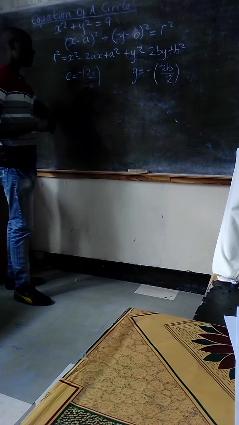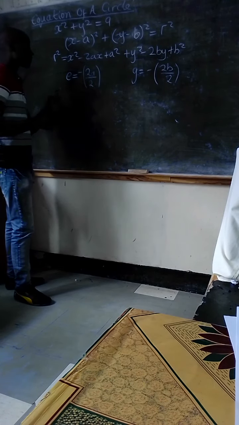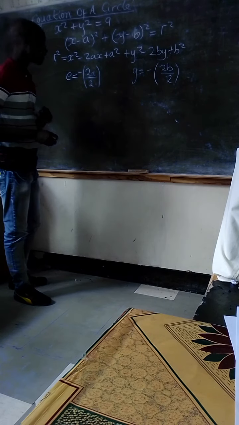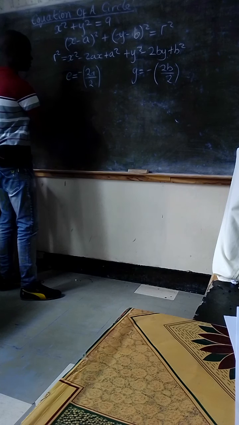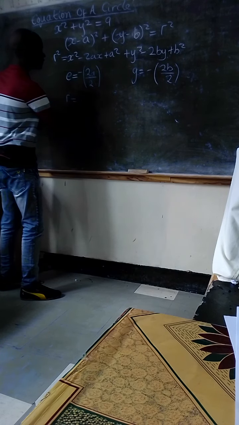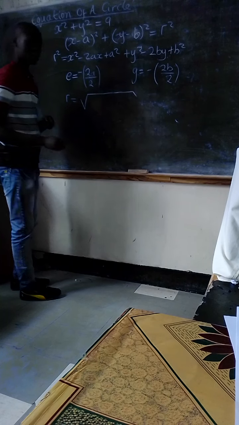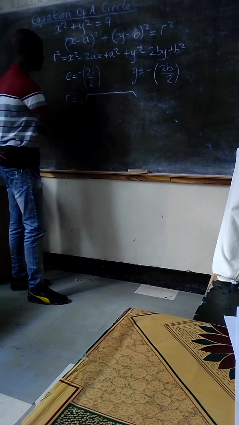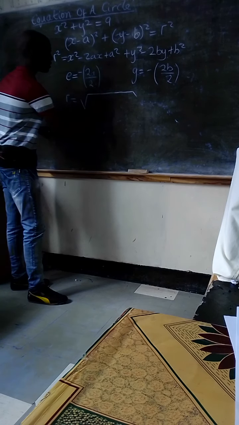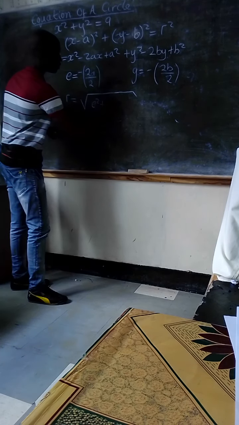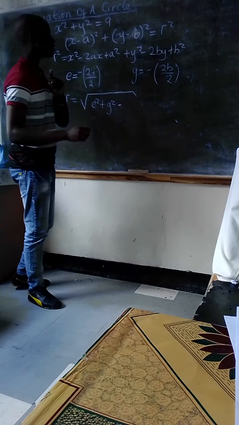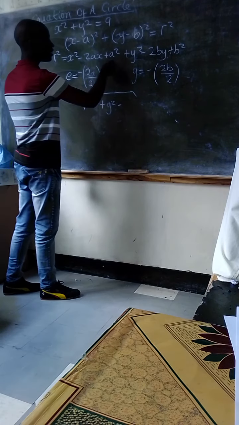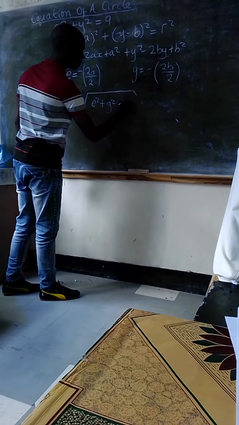Giving us this equation for the center, we derive as well our radius function as this. So r will be equal to the square root of E squared plus G squared minus the constants in the equation, which is the a squared plus the b squared.